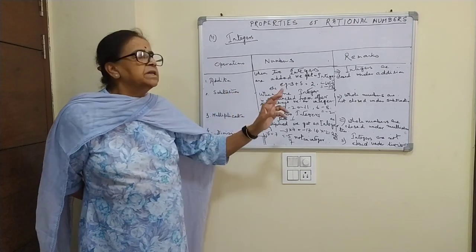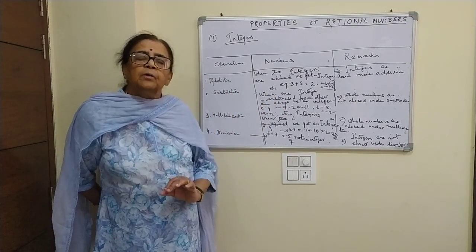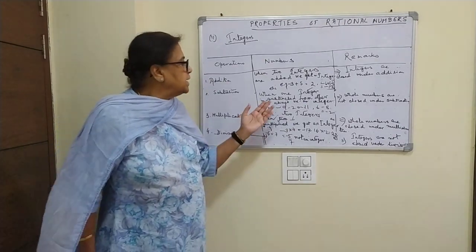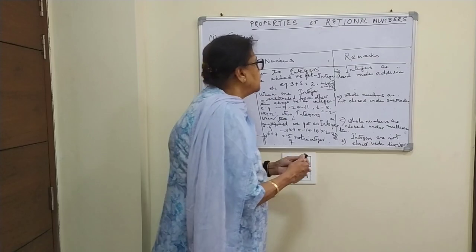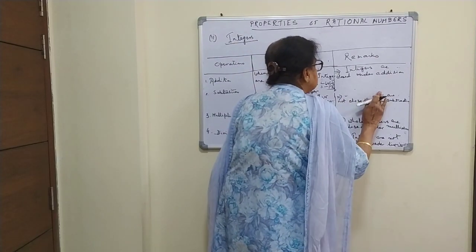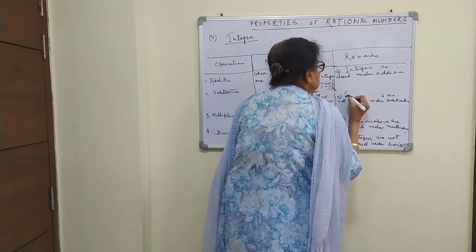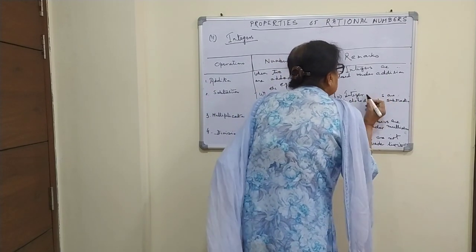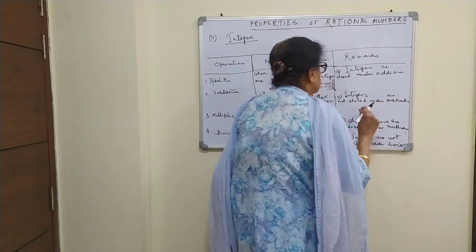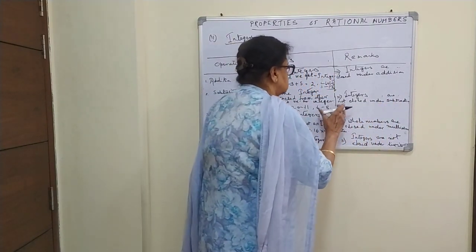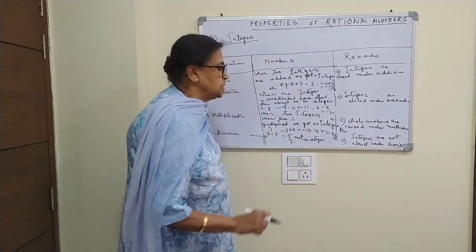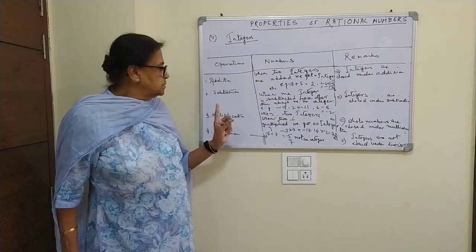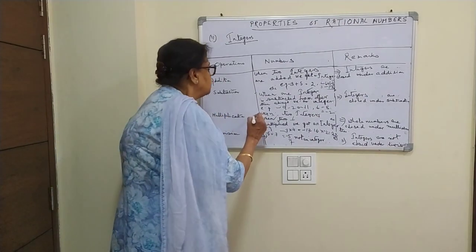When one integer is subtracted from another, we get an integer only. Therefore, integers are closed under subtraction.